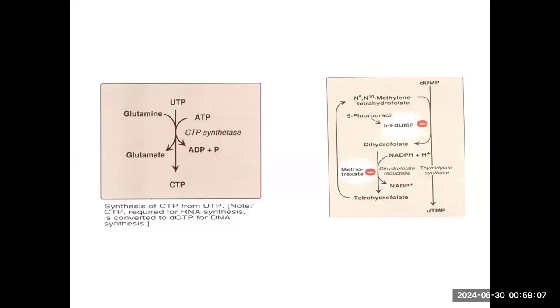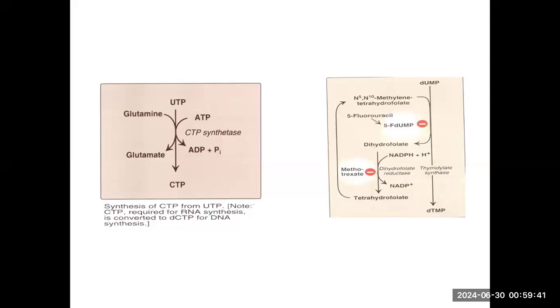UTP, which is synthesized, recall the first reaction. The complete pyrimidine is the UMP. From that, we can synthesize UTP by the addition of 2 phosphate molecules. And then UTP is converted into CTP. The difference between UTP and CTP is the presence of an additional amino group in the CTP.